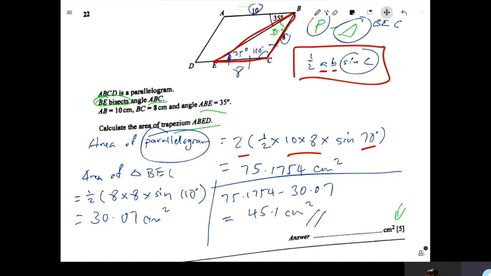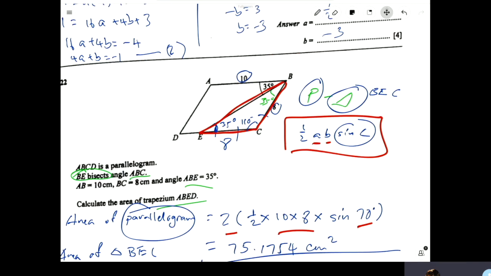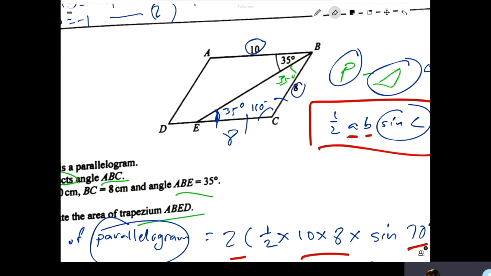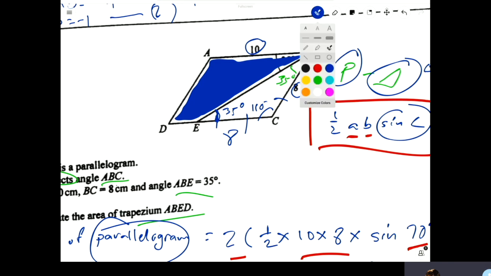Okay, let me show you. Where is the trapezium? This is the trapezium. Can you see that? So how to find this trapezium? We must take the parallelogram.